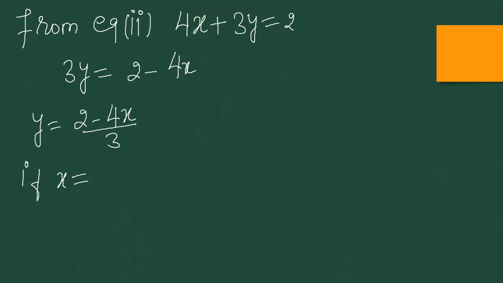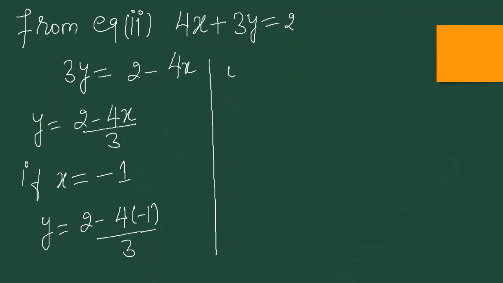But I am trying x equal to minus 1. So if x is equal to minus 1, the value will be 2 minus 4 and here minus 1 upon 3. Okay, so you will find y is equal to 2, then this minus sign and this minus sign will be positive multiplication. 4 minus 4 into minus 1, so plus 4 will be there, and 3.